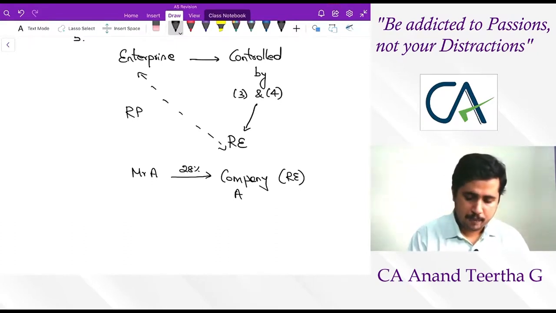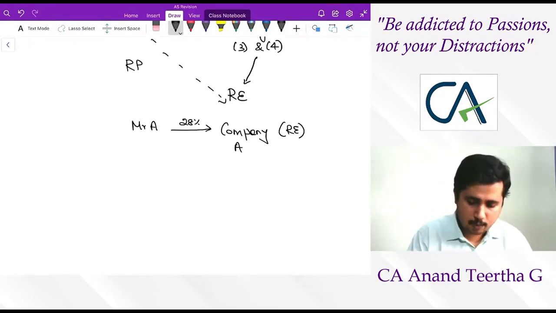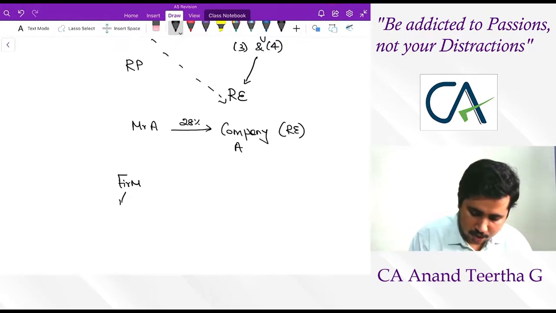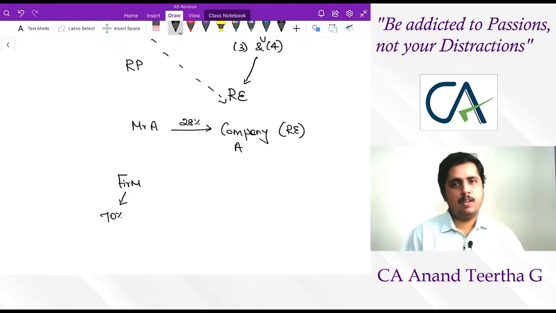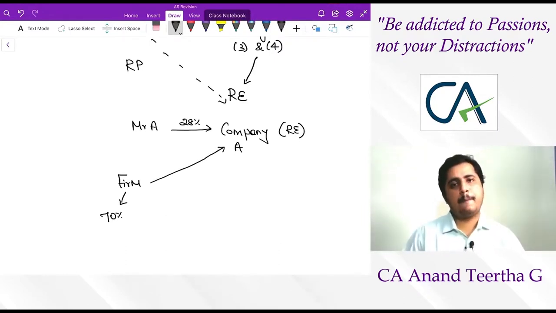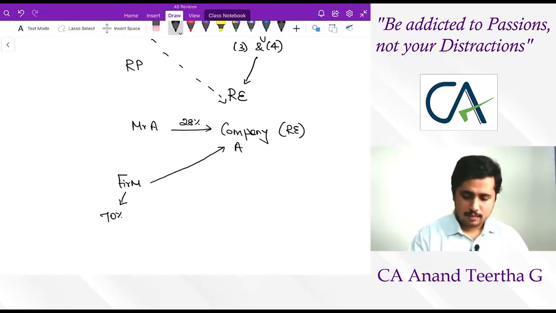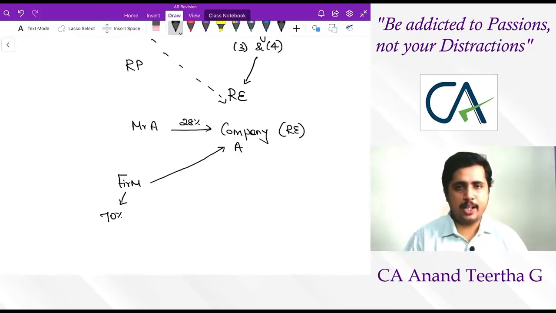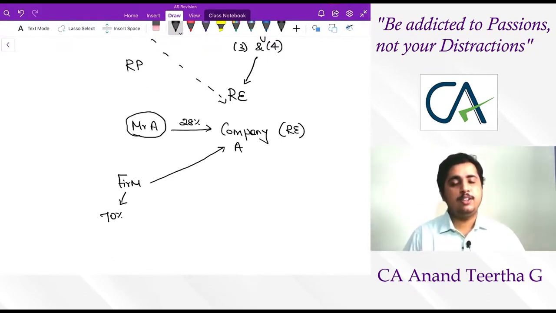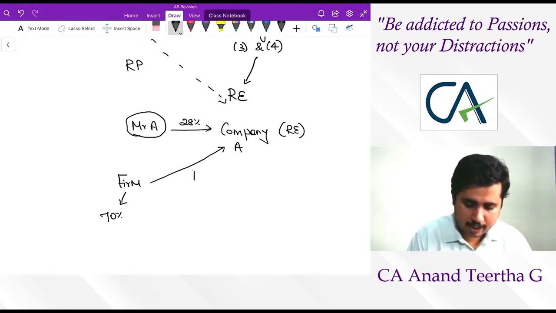Now, he doesn't have any transaction with company A. Instead, he creates a partnership firm where A has got a 70% stake. This partnership firm will have a contract with the company. Now what happened? A is not doing it directly. He is doing it through the firm. The firm cannot have a share in company A. So the company and the firm do not have any direct relationship. There is a common person called A. Through him it is happening. So even this is covered by related party transaction.